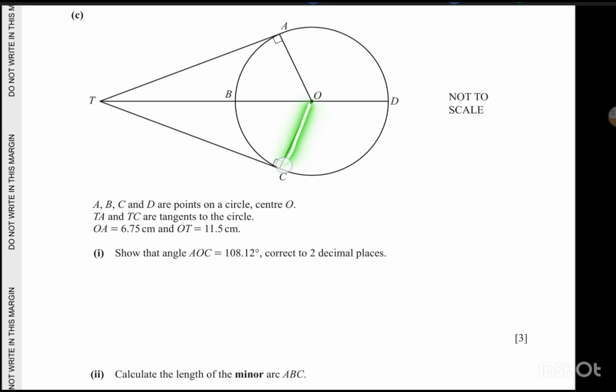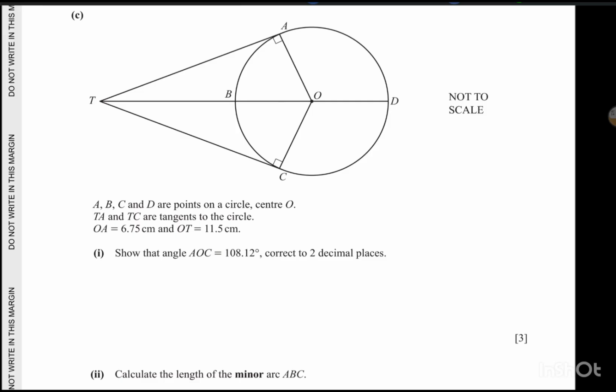OA is equal to 6.75 centimeters, and OT, from O to T, is 11.5 centimeters. These are the given things in this question. Question number 1, they are asking, show that angle AOC is 108.12 degrees, corrected to 2 decimal places. So we have to find this angle AOC, and that should be equal to 108.12 degrees.